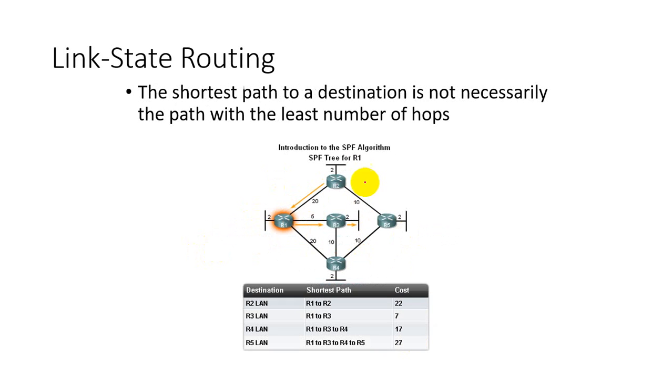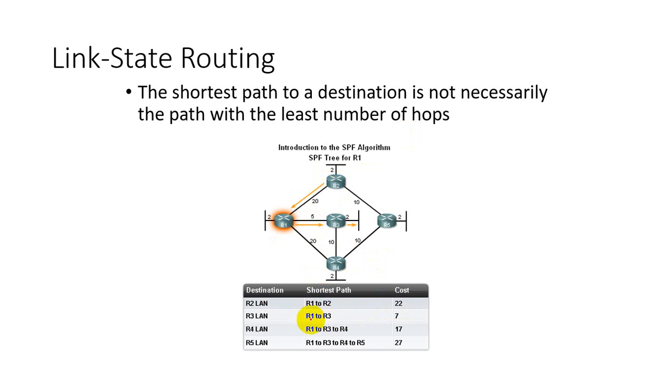Similarly, the shortest path to a destination is not necessarily the path with the least number of hops. If there are one, two, three hops, it is not necessary that the shortest path is the path with the least number of hops; the shortest path is determined by cost. If we add all the costs, that gives the shortest path.